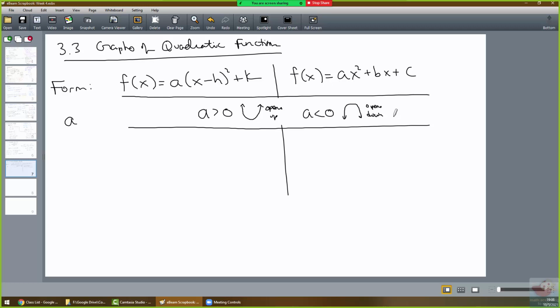So remember, the quadratic function is a U-shaped graph called a parabola. And for it to be a function, it can only open up or down. The terminology opening up, opening down is only for quadratics.